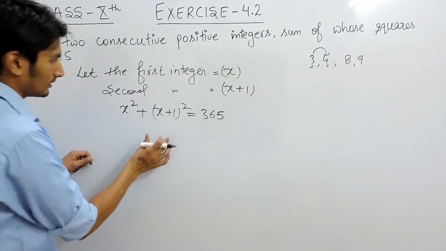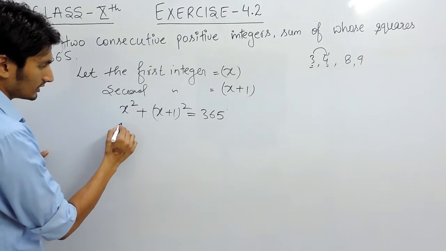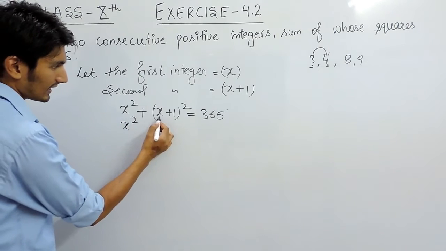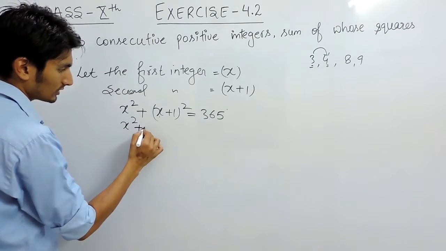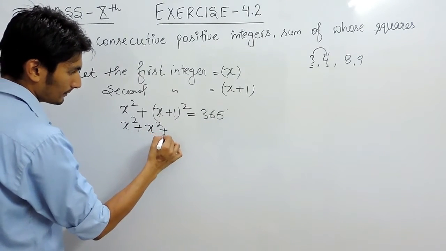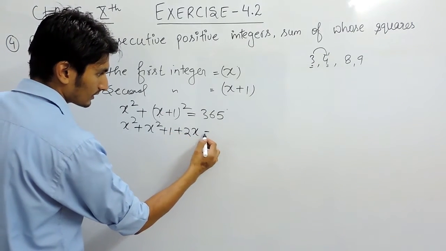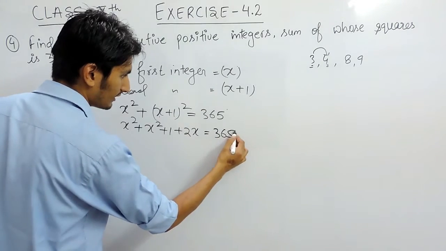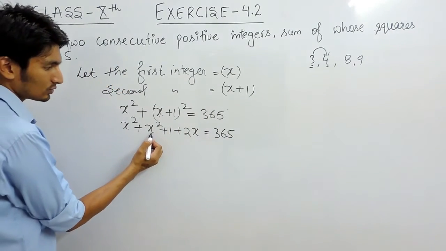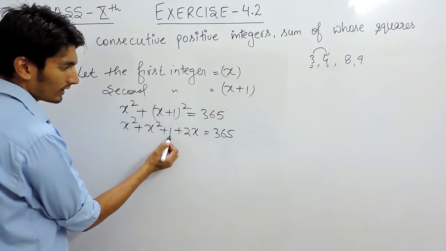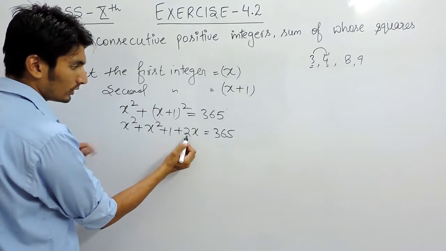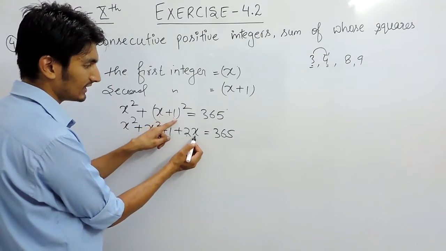Now we can further simplify this equation. This is x squared, and this is (a plus b) whole squared, which is a squared plus b squared plus 2ab equals 365. So (x plus 1) whole squared is x squared plus 1 squared plus 2 into x into 1. 1 squared is 1, and 2ab is basically 2x.